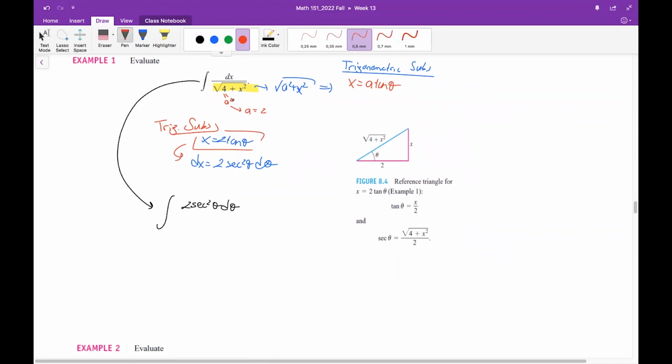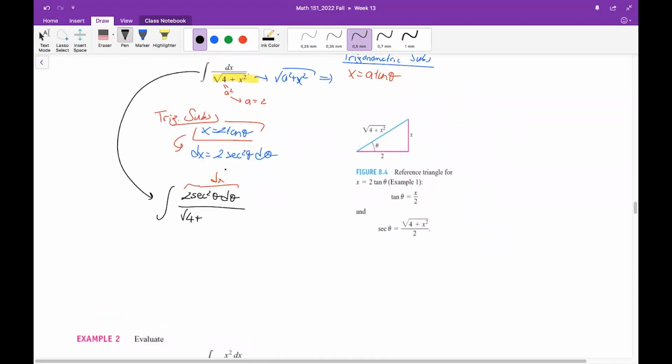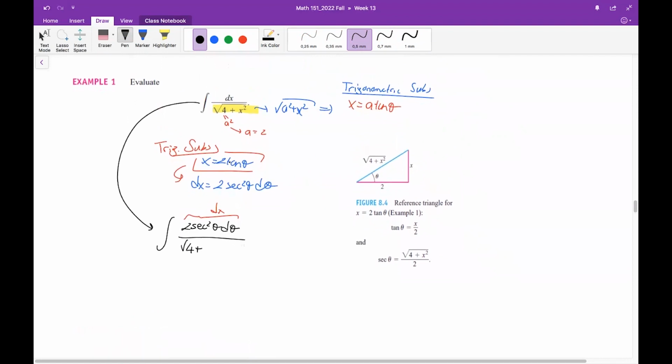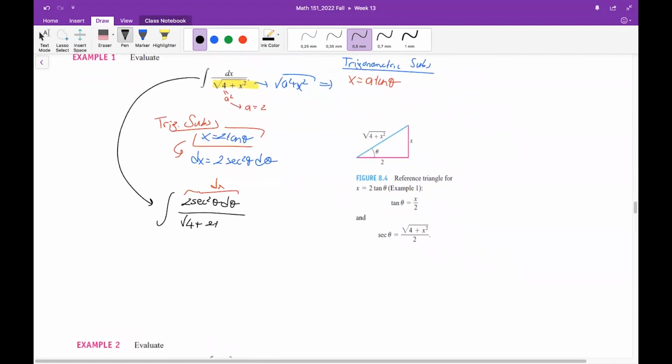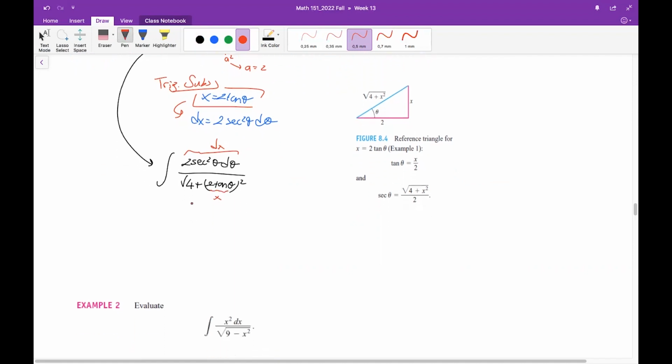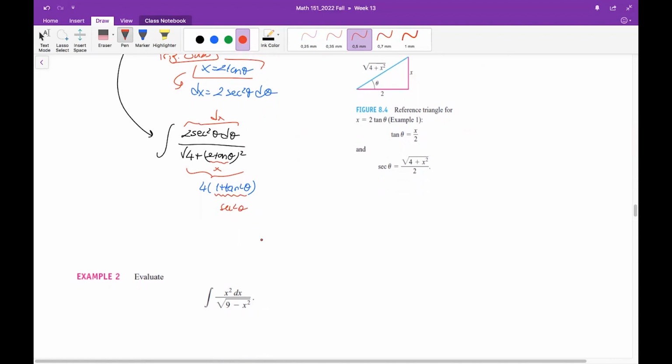And what you have at the denominator is the square root of 4 plus x squared, where x is written as 2 tangent theta. I inserted my substitution for x here, and what you obtain is 4 times parentheses 1 plus tangent squared theta, and remember the trigonometric identity for this part, it is exactly secant squared theta.